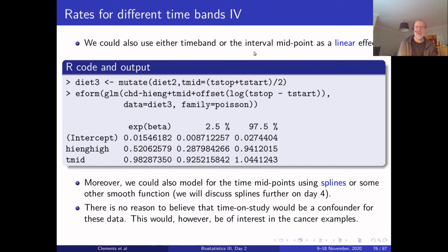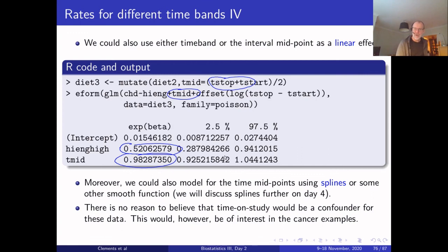We could also use time band or the interval midpoint as a linear effect. So instead of doing a factor, we calculate the midpoint of t start and t stop, and then this would be linear. After adjusting for a linear effect of time, which is decreasing, we still find much the same incidence rate ratio.